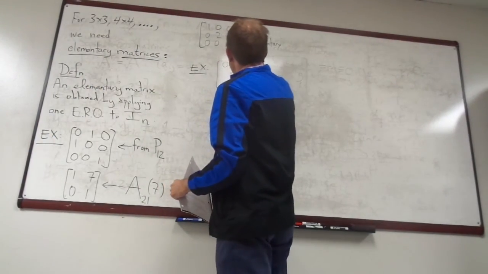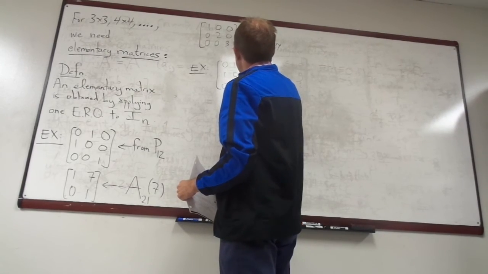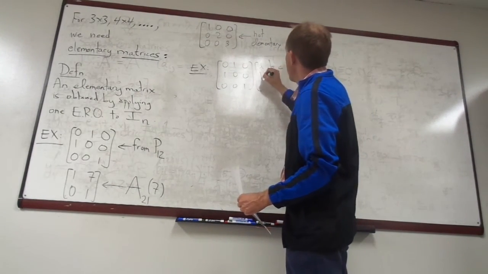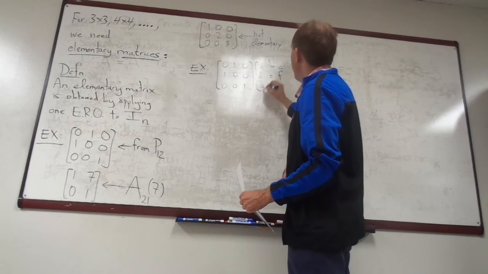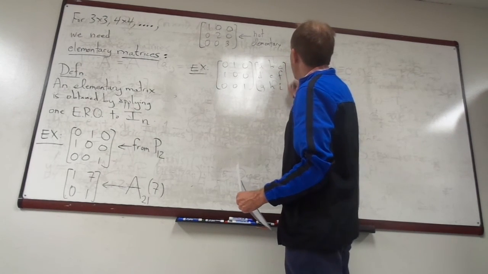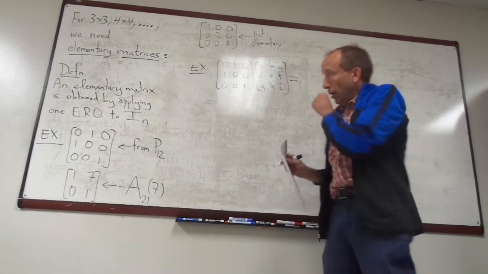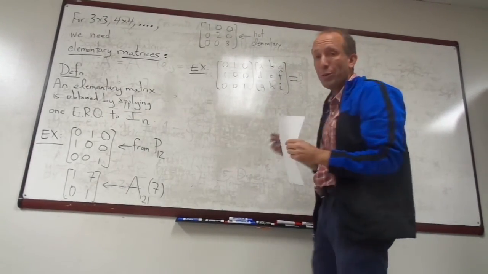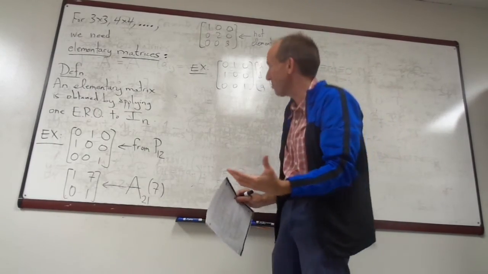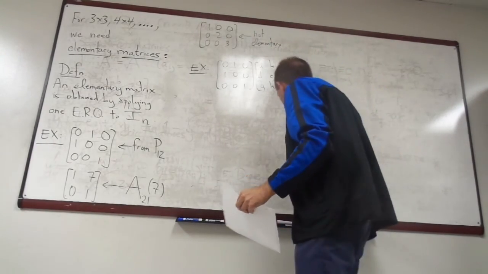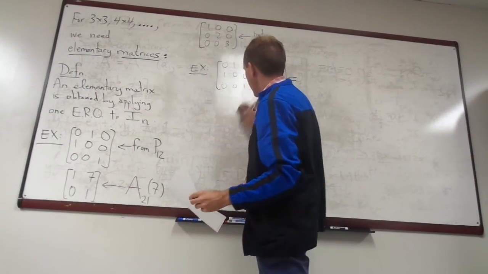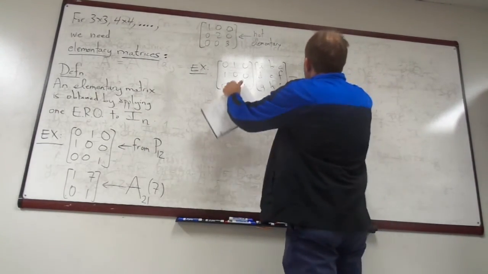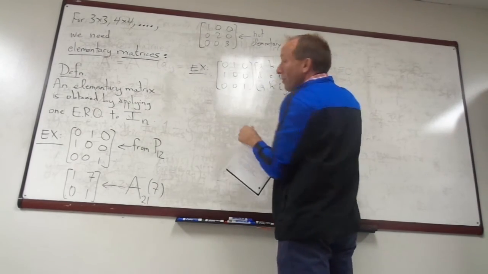If I take this first elementary matrix that I had here, and I multiply it onto some other matrix, let's say A, B, C, D, E, F, G, H, I, if I do this matrix multiplication, I hope you guys are practicing and getting good at matrix multiplication, because we're going to be doing it all semester long, and it's really a fundamental thing. So make sure that you're practicing this. Here's a pretty easy one to practice on.